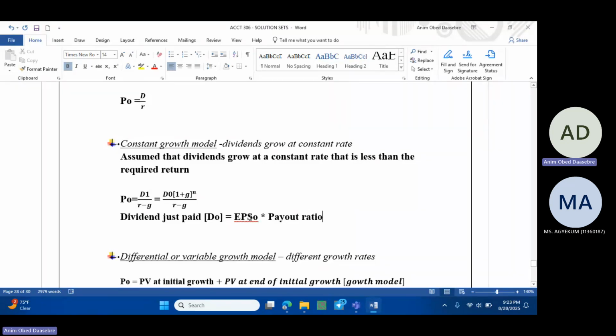The earnings per share is the value that you earn for every share. So how much do you earn on each share.